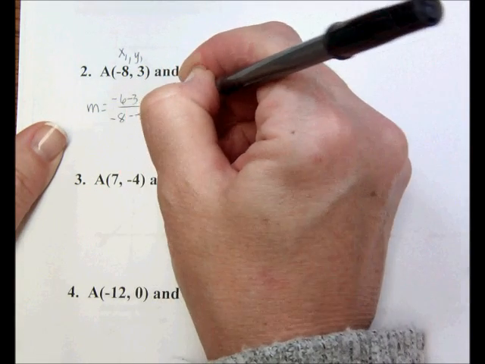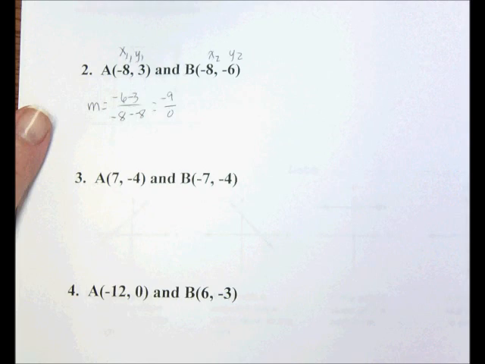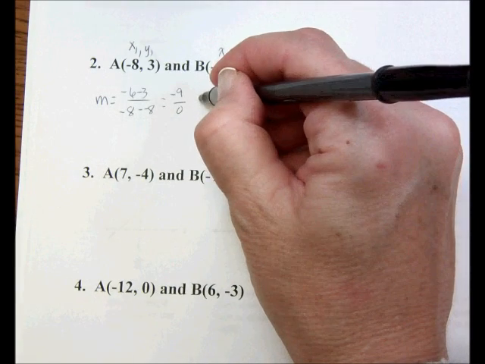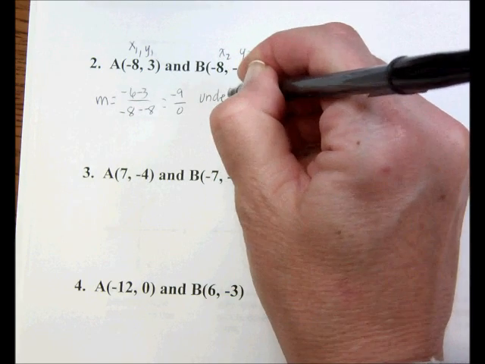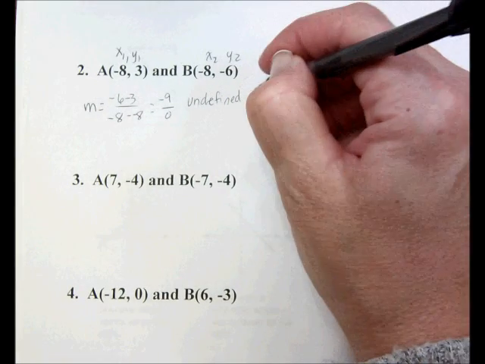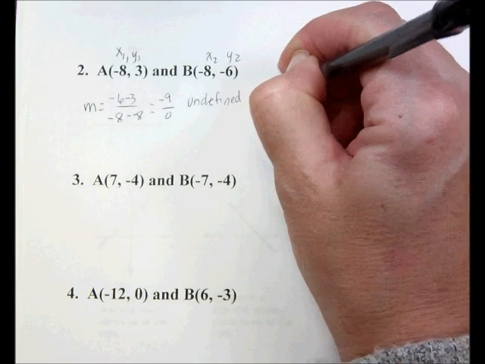So here it's negative 9 over 0. Well, you cannot divide a number by 0. So this is actually a vertical line because it has an undefined slope. I have a change of y, but I do not have a change of x. So this is an undefined slope, and so it's a vertical line.